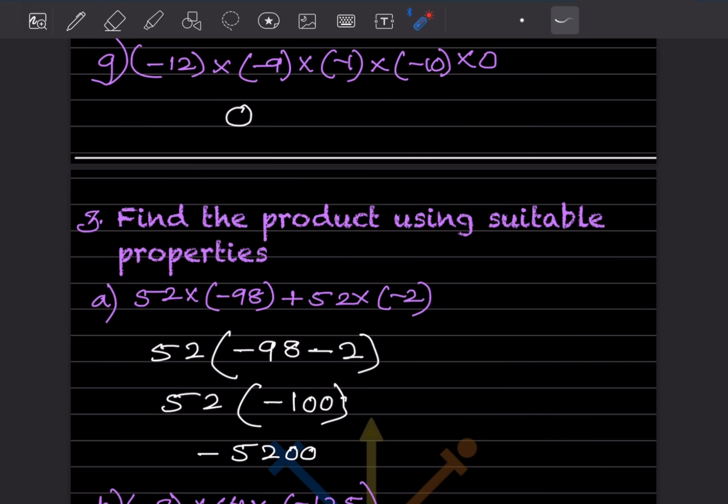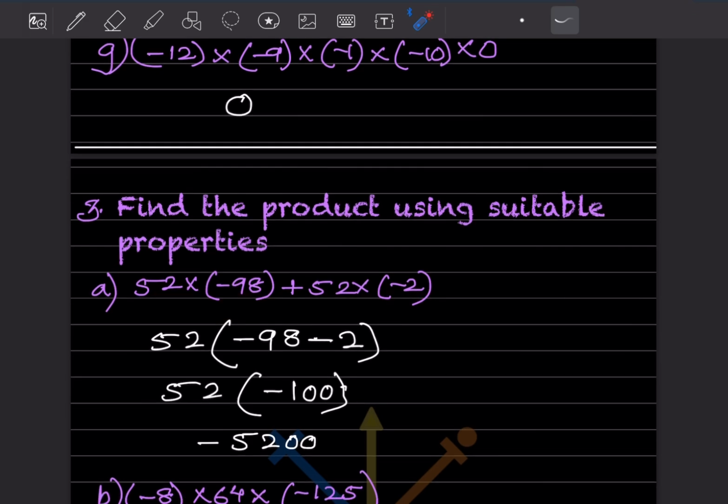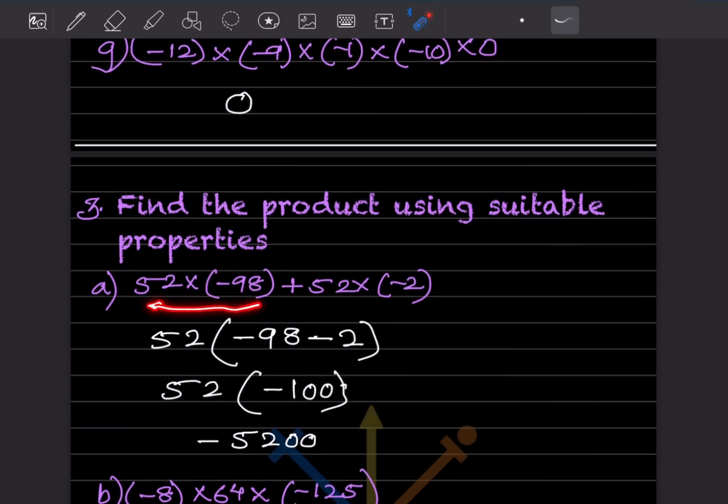Find the product using suitable properties. So here you don't have to multiply it directly, this and this one. So you have to use the properties. Now what you can see, this is multiplication and then this is a separator, that is plus, and again this is multiplication. So we can consider this one group and this the other group. From this you can see that 52 is common. So in the first group, what remains is, actually this is multiplication whenever we put a bracket here.